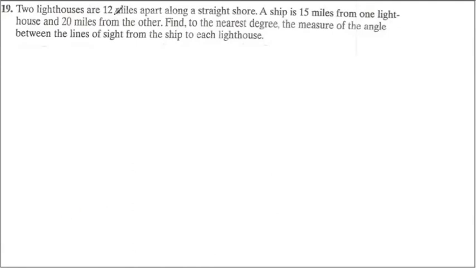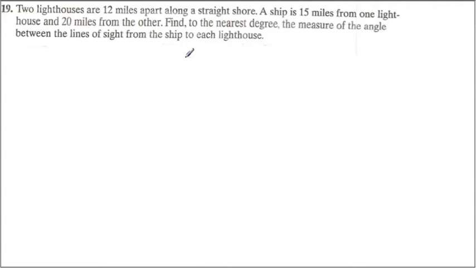Two lighthouses 12 miles apart along a straight shore. Ship is 15 miles from the one lighthouse and 20 miles from the other. Find the nearest degree, the measure of the angle between the line of sight from the ship to each lighthouse.